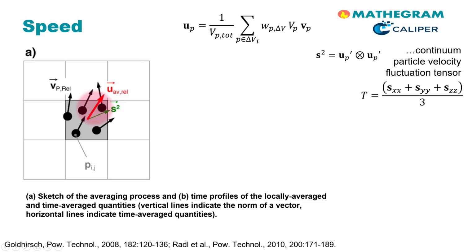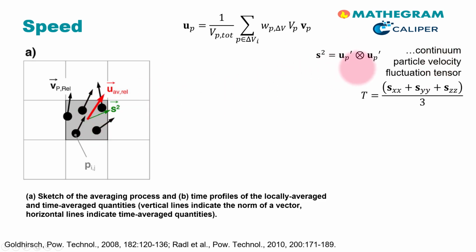This is equivalent to a momentum-based averaging, since we assume identical particle density, and hence volume and mass-based weighting is identical. Most important, also the fluctuations around this average speed matter, and that is why we need to define a particle velocity fluctuation tensor, shown here in green.